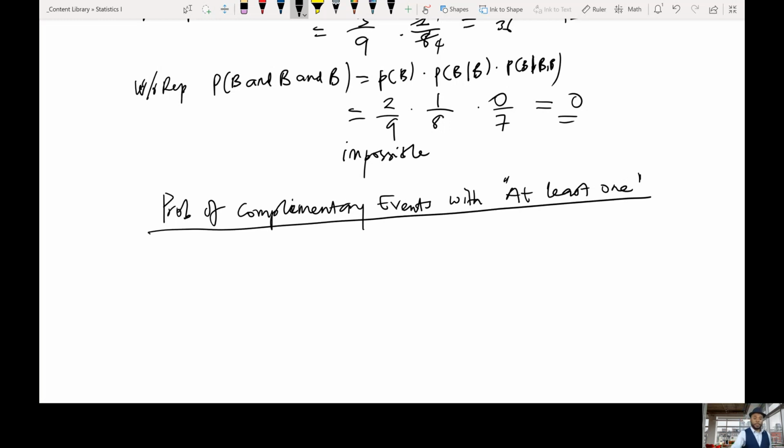Okay. Now, sometimes it is easier to deal with the complement of a set than the set itself. So I'm asking for the probability of A. Sometimes it's easy to find the probability of A complement and then find the probability of A after knowing the probability of its complement.